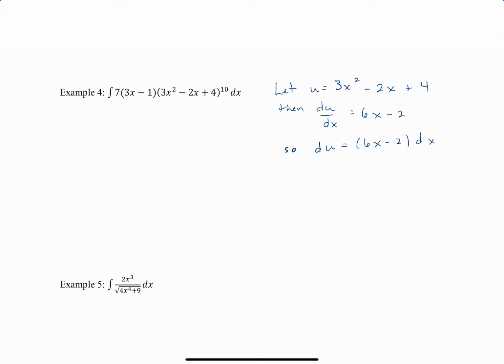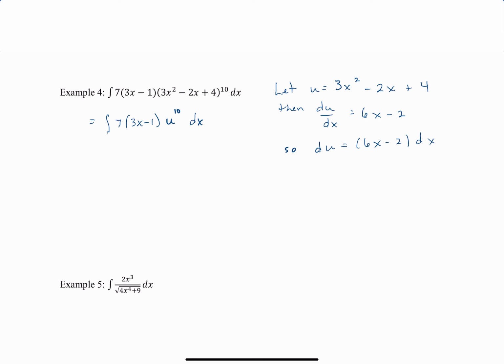Now, gosh, we don't see a 6x minus 2 anywhere in there. Let me put in what we've got so far. I've renamed the base on the 10 u, so I'm going to have u to the 10th, but everything else is x's, so we've got a mixture of u's and x's. If we can't fix that, we're stuck. We have to try a different u substitution.